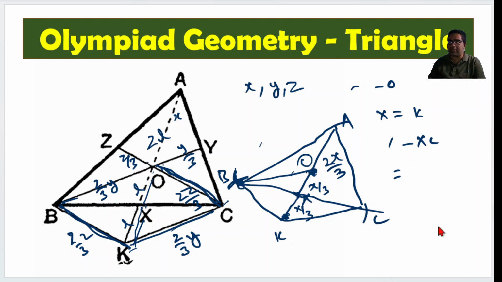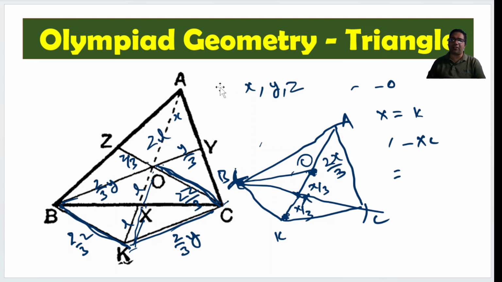Either we can connect B, X and extend, or from K it is 2 by 3 y, and from O it is 2 by 3 z. We can do either way. That's how we arrive at A, B, C. When we are given the lengths of medians, we can actually draw the triangle.